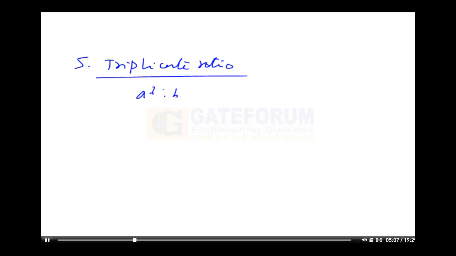A cube is to B cube is called the triplicate ratio of A is to B.